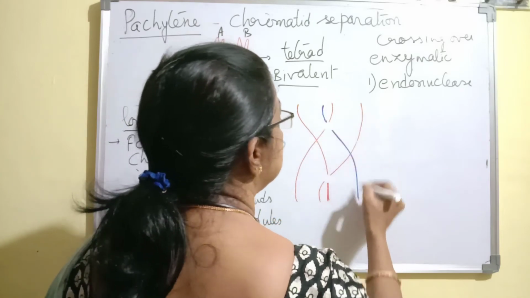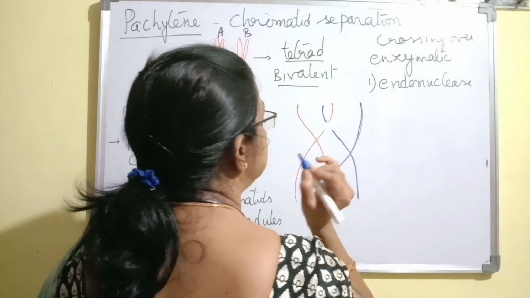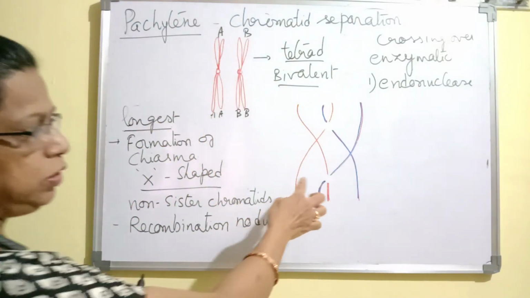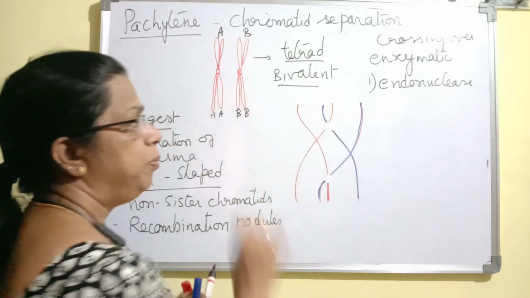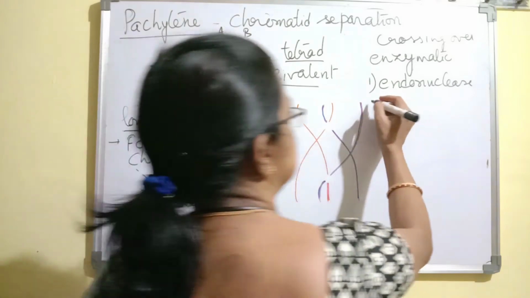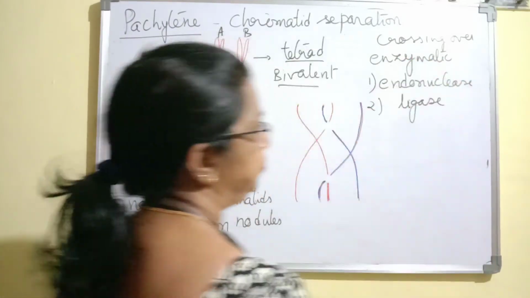So this is, say, one color. Suppose with the help of endonuclease there is a breaking of the chromatids at that point. After breaking, the second enzyme, the joining enzyme, is called ligase.